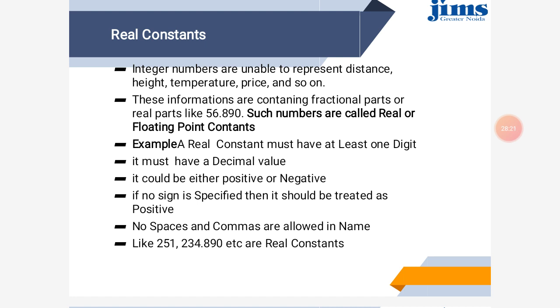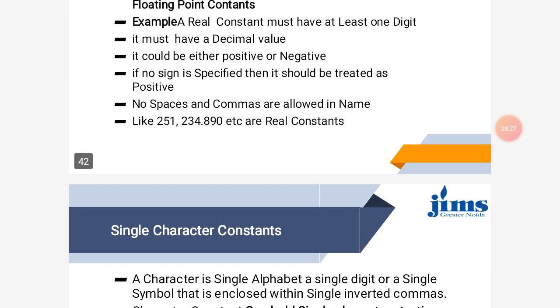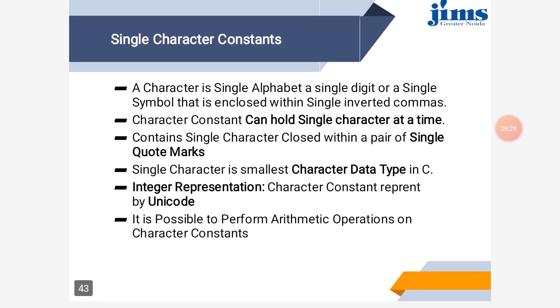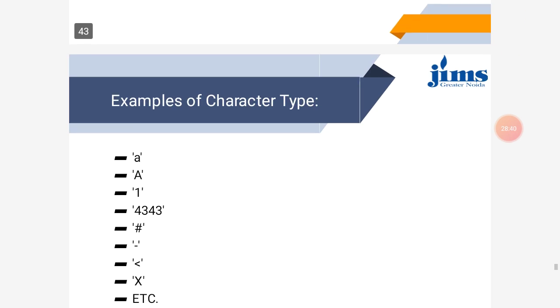A real constant contains a decimal part as well as an integer part. For single characters, in Java we use Unicode, and we store a single character in single quotes.